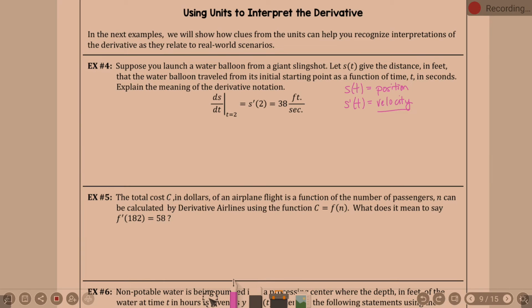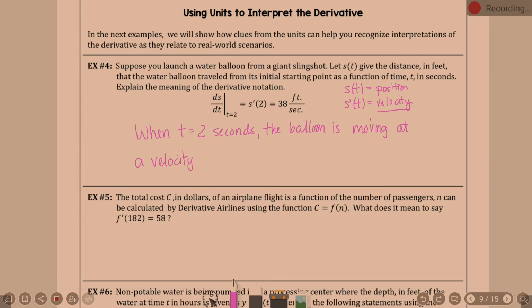Okay, so put something down. When t equals 2 seconds, the balloon is moving at a, and I guess I'm just saying moving at velocity, not increasing at velocity, because velocity is a description of rate of change.